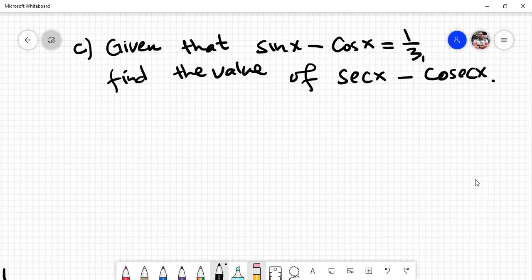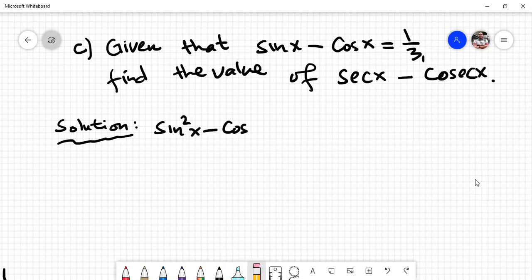Okay, so we try. This is the solution. The information we have here is sine x minus cosine x, sorry, this is not square, my bad, equals 1 over 3.